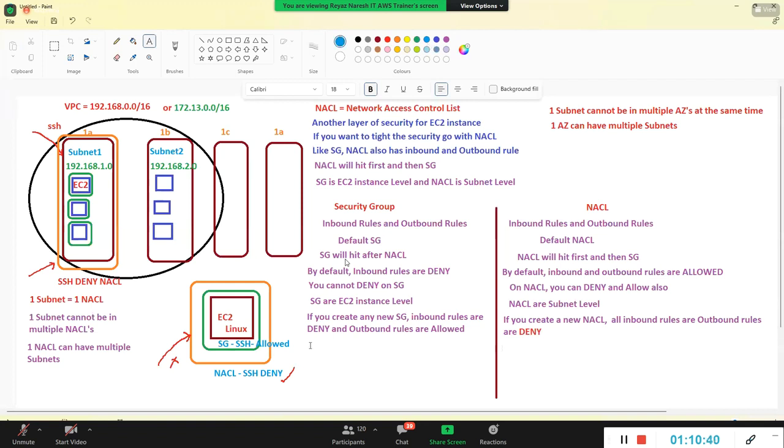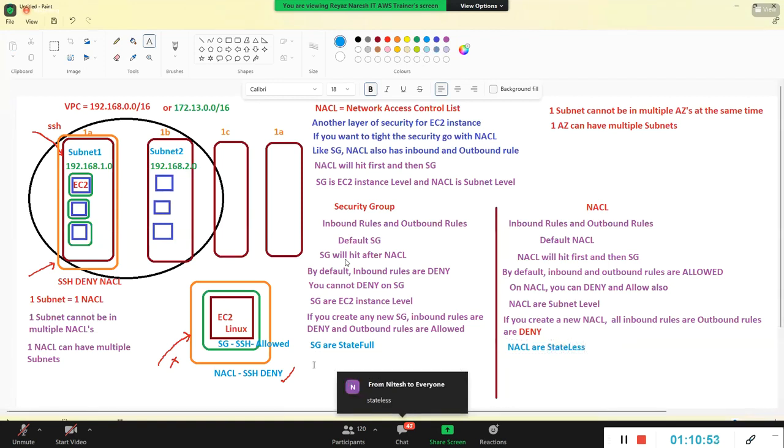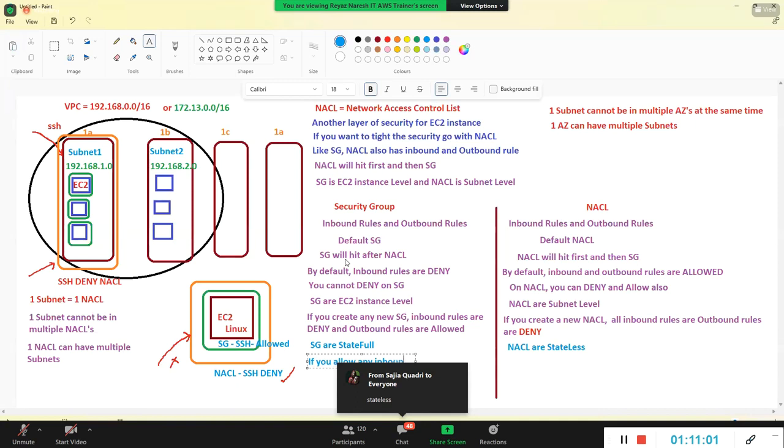Which one is stateful? Security groups are stateful and NACLs are stateless. What is the meaning? If you allow any inbound rule, no need to allow that on outbound rules.